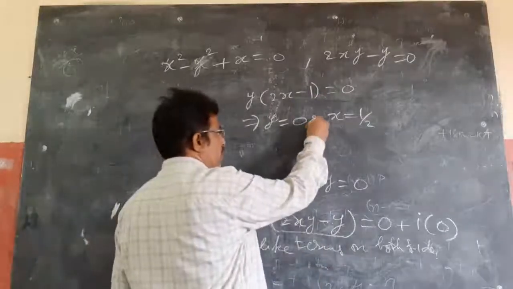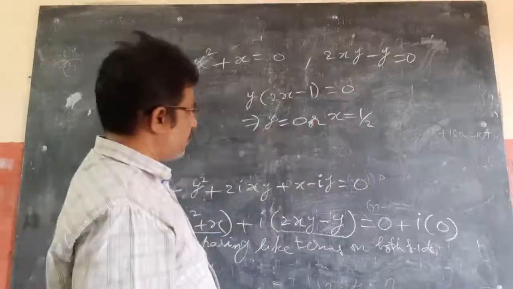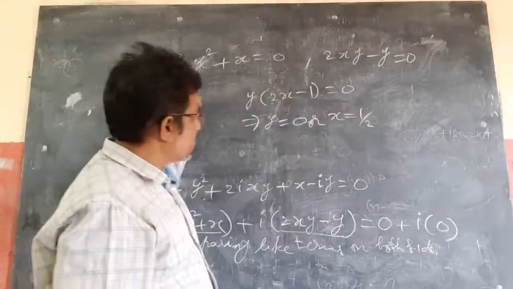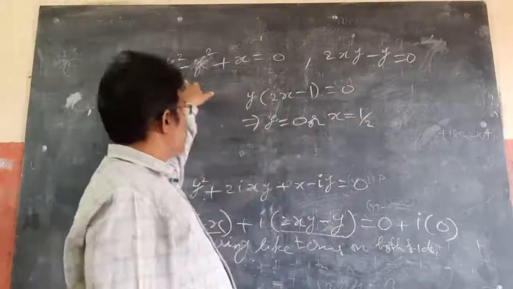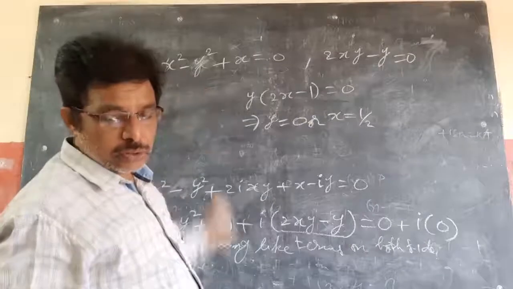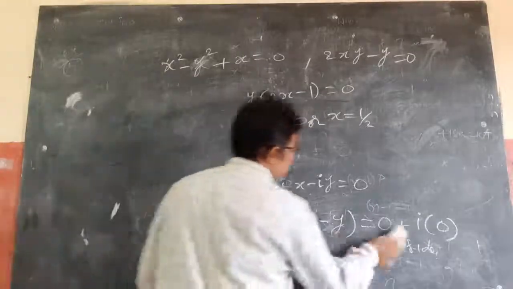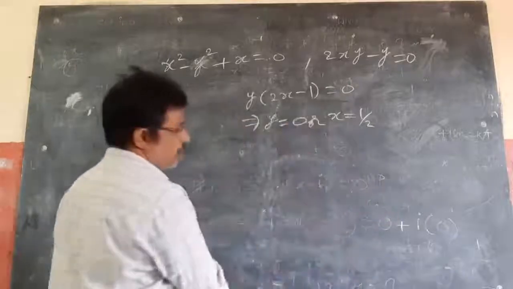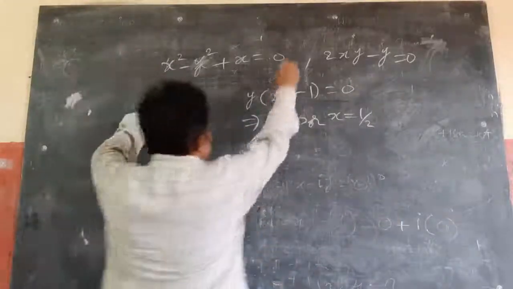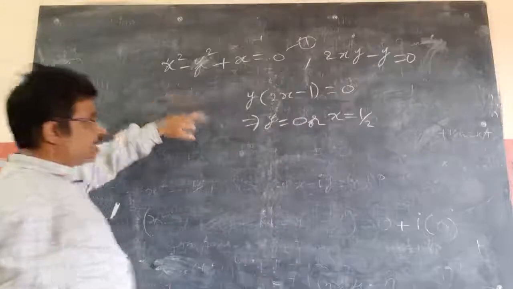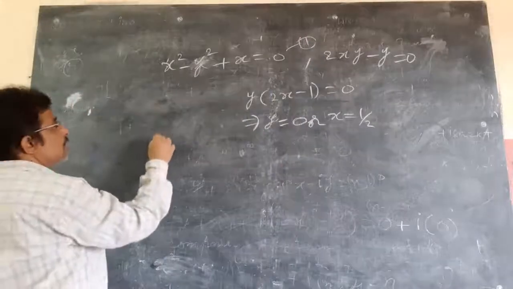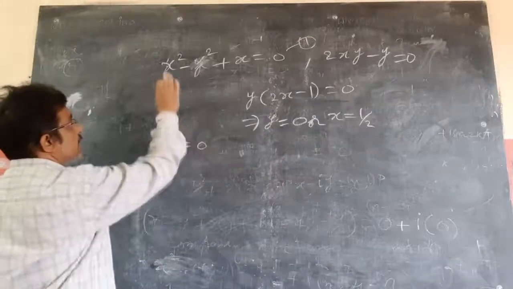So for y equal to 0, there will be corresponding values of x here. And for x equal to 1 by 2, there will be corresponding values of y here. So those many solutions I will get. So I will substitute. Substitute y equal to 0 in equation 1. If y equal to 0, what happens to x?